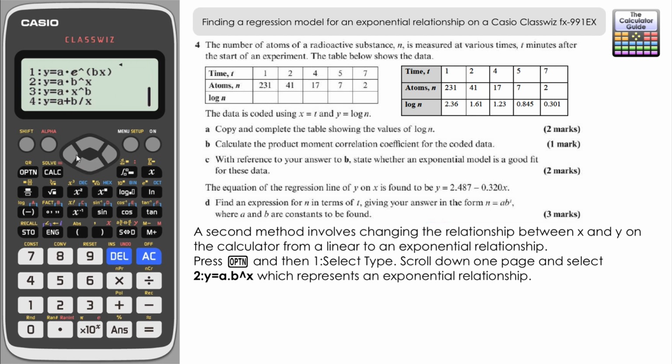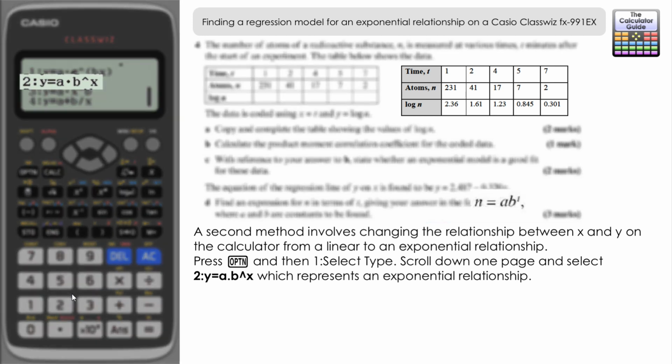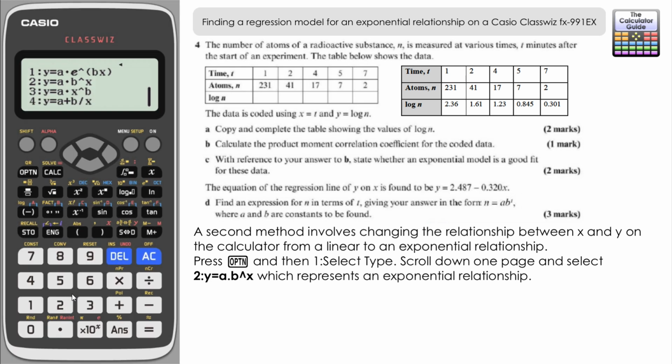If we scroll down, let's just take a look at option 2 here. You can see that is very similar to the way the expression for part D is written. Our n is y equals a times b to the power of, and our x is t. So if we select 2 from this second page here, then we're going to be looking at an exponential relationship.